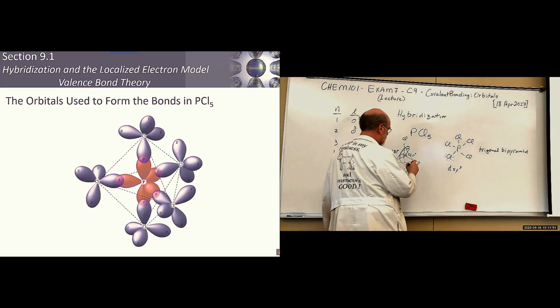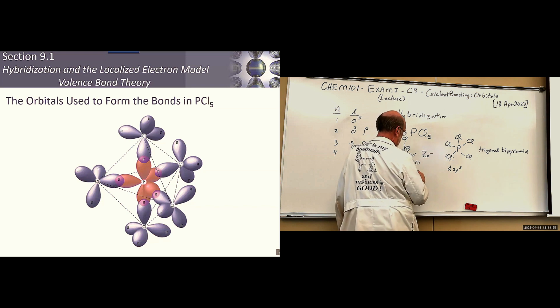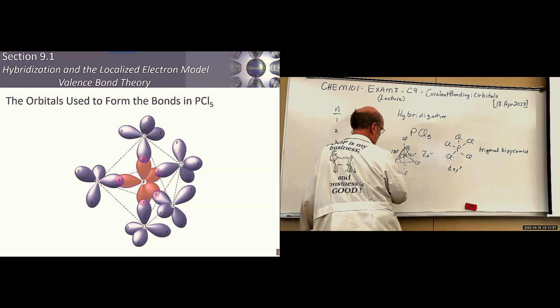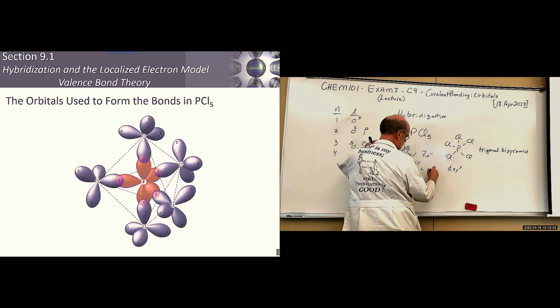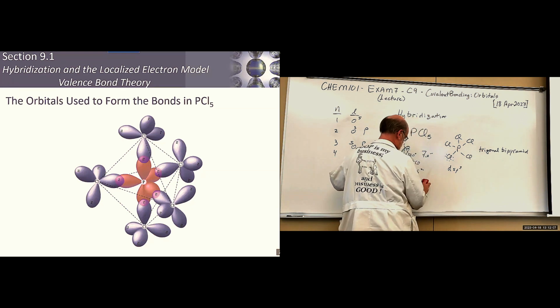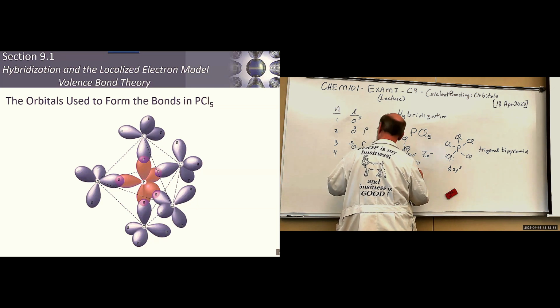Remember, chlorine's got 7 electrons, right? And two of them are in s orbitals, and the other 3, no, that can't be right. Let's see. Chlorine has 3s.